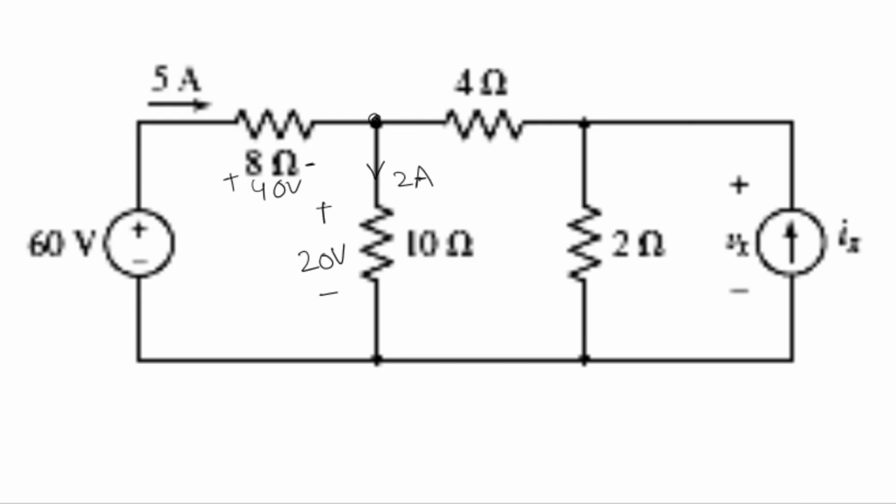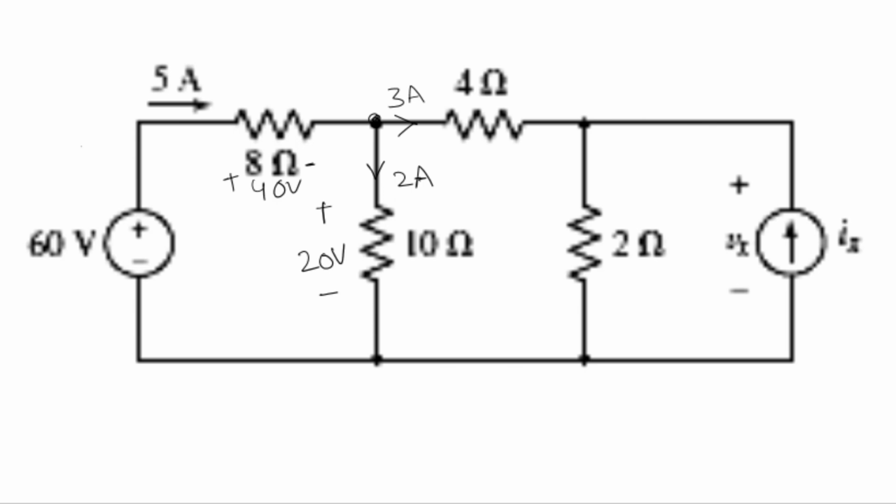Here we can find the current flowing through the 4 ohm resistor, which is equal to 3 amperes, since 5 amperes is the incoming current and the outgoing currents are 3 amperes plus 2 amperes, which is equal to 5 amperes.